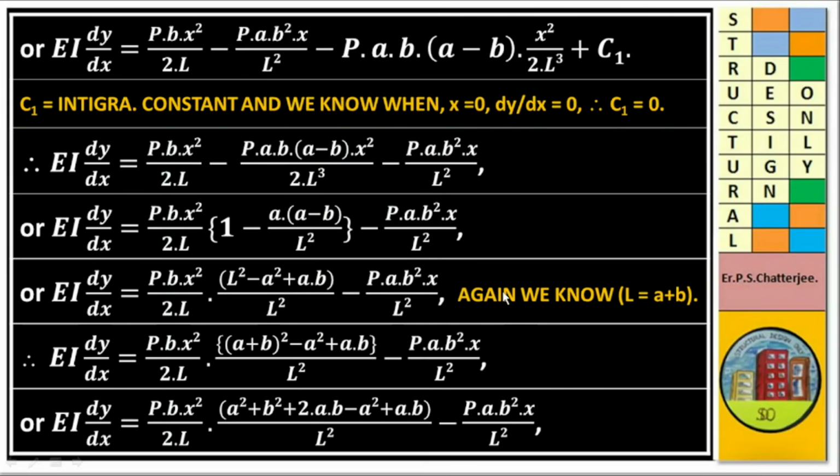Therefore, again we know L is equal to A plus B. Therefore, EI dy/dx is equal to P into B into x square by 2L into A plus B whole square minus A square plus AB by L square minus PAB square into x by L square, or EI dy/dx is equal to PBx square by 2L into A square plus B square plus 2AB minus A square plus A into B by L square minus P into A into B square into x by L square.